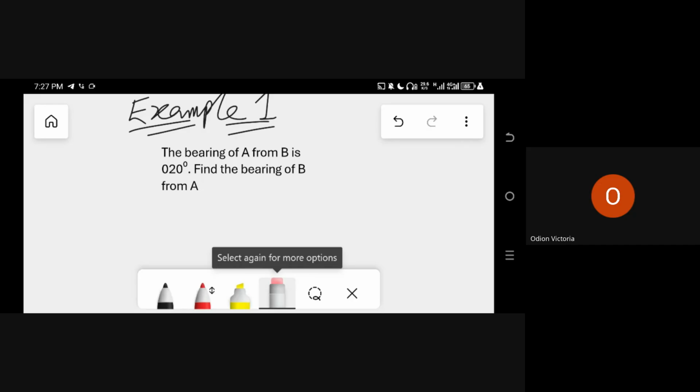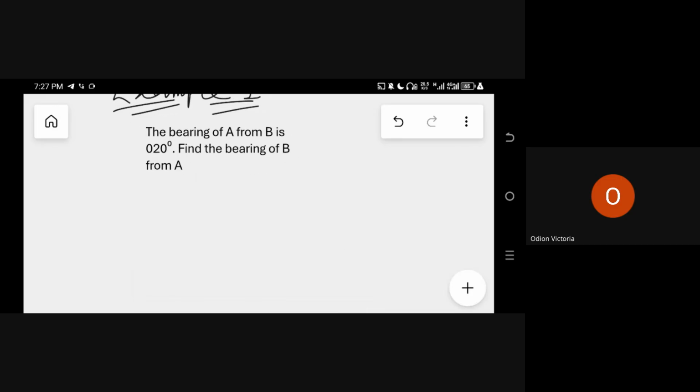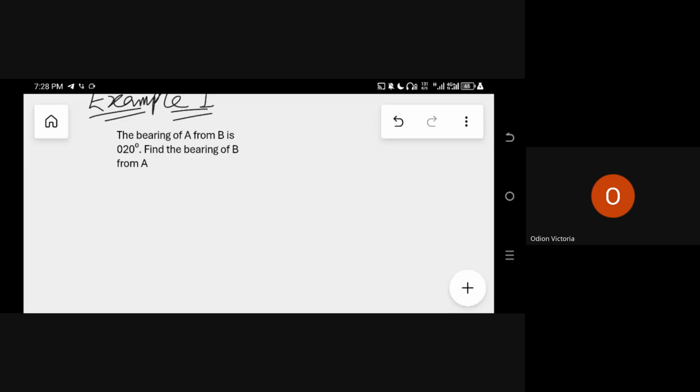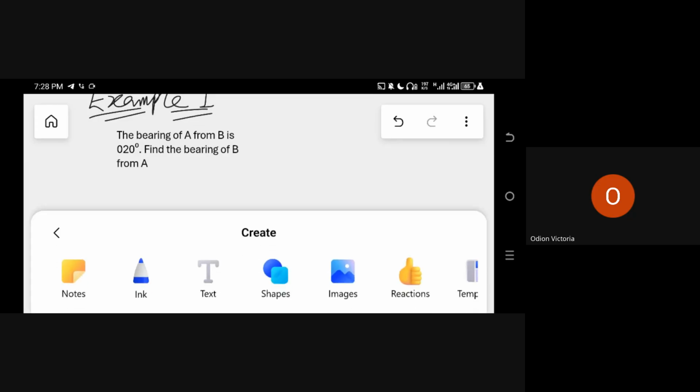What you do here is you will have to know where that 20 degrees has to come from. There are 2 points here. One point is point A, the other is point B. You would have to be able to determine what quadrant 20 degrees has to come from.